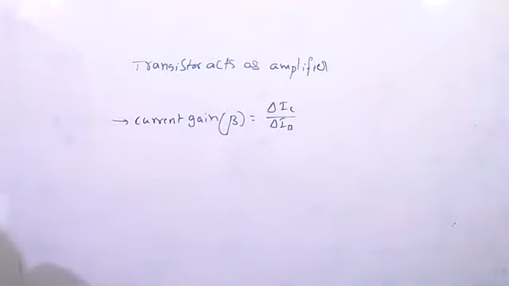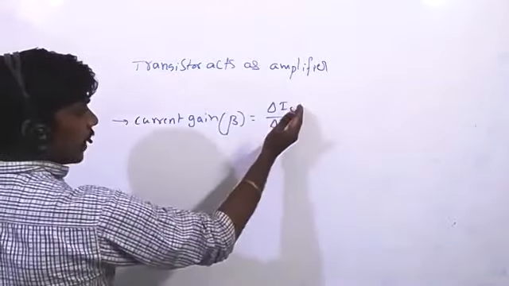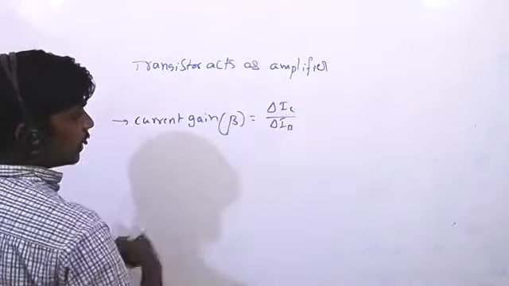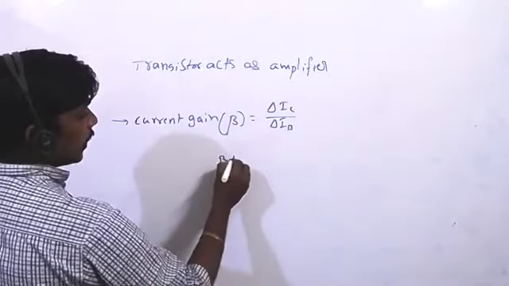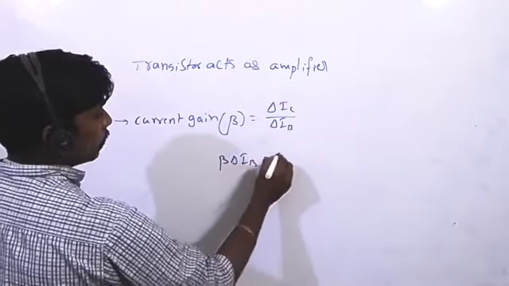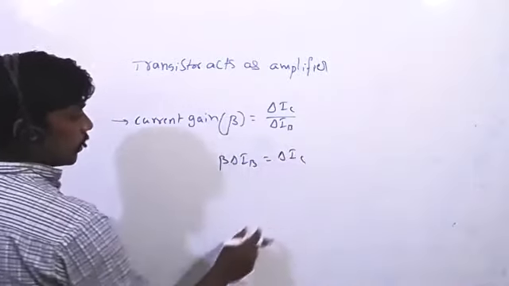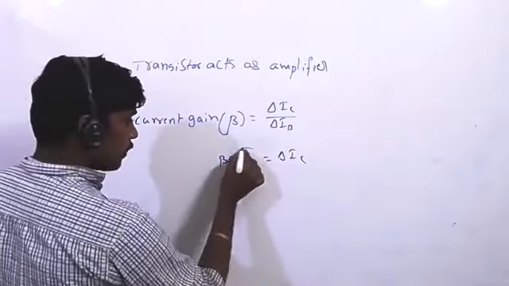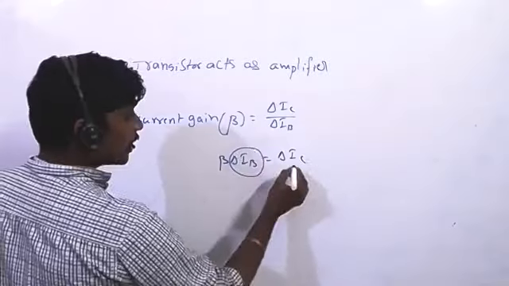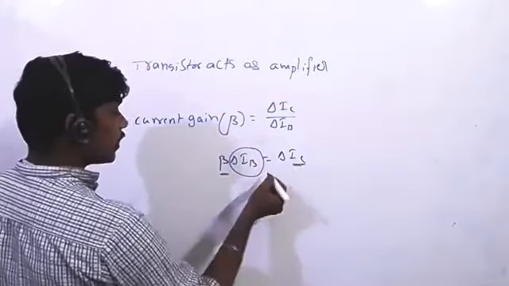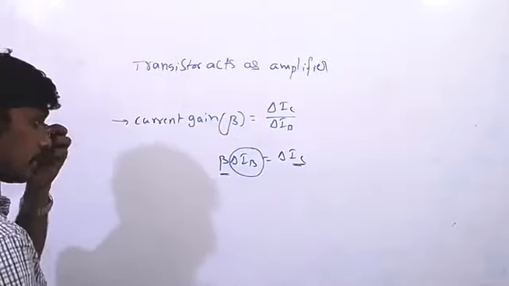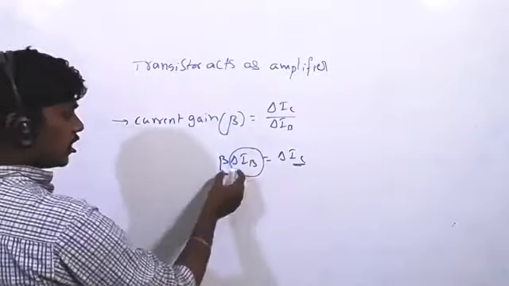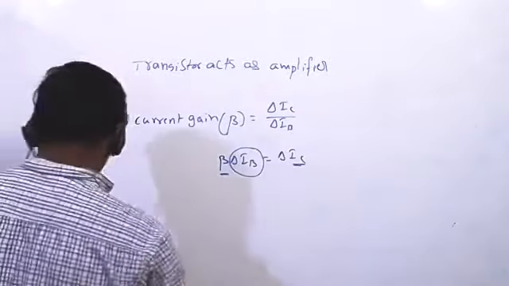You have to write about the current gain. So how many times the collector current will change when the base current changes: delta IC equals beta delta IB. If there is a change in base current, collector current will change beta times the change in base current. You can understand clearly.